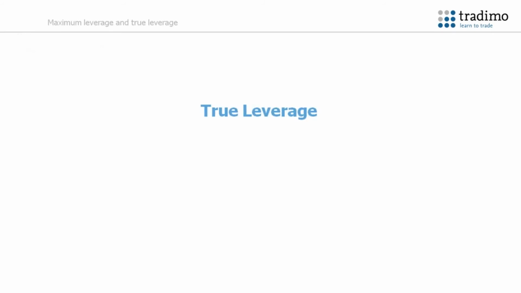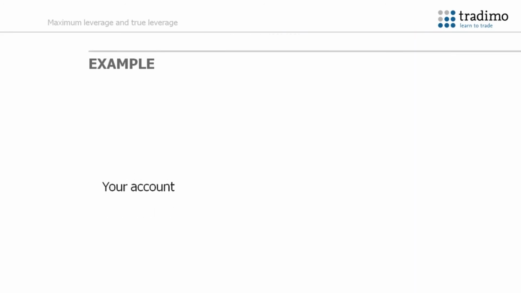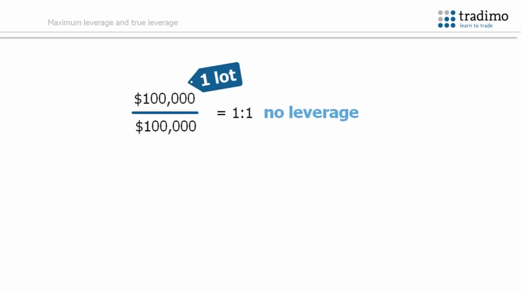True leverage is the amount of leverage applied to any given trade and is calculated by dividing the size of the position by the trading account balance. So let's take the example of buying a standard lot. If you have $100,000 in your account and you bought one standard lot, which is 100,000 units of that currency, then the leverage would be $100,000 divided by $100,000, which is 1 to 1, effectively no leverage is applied.